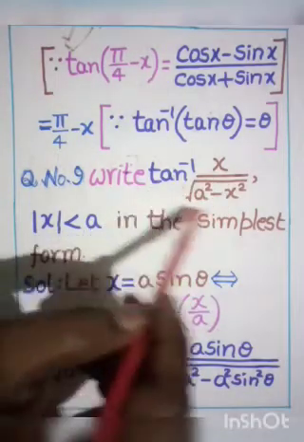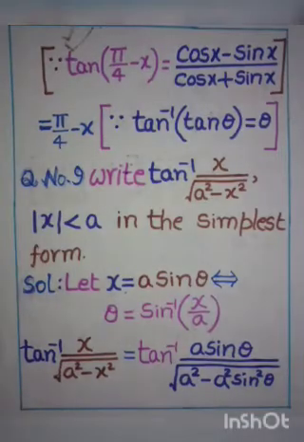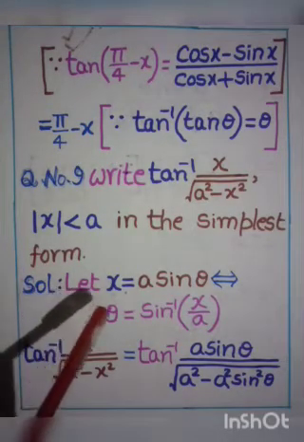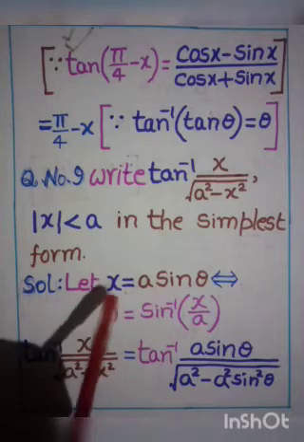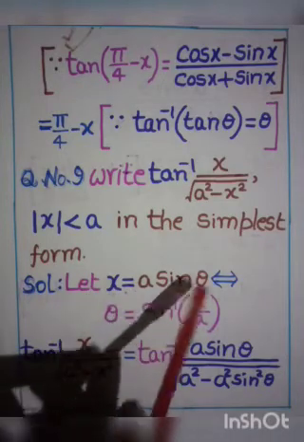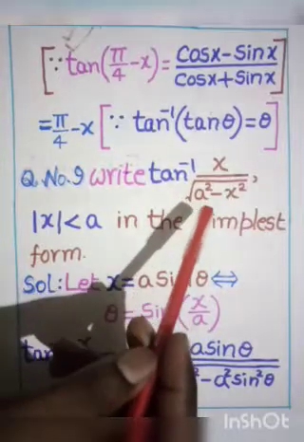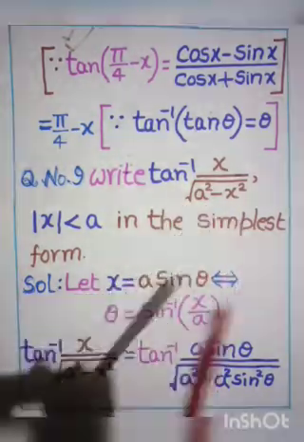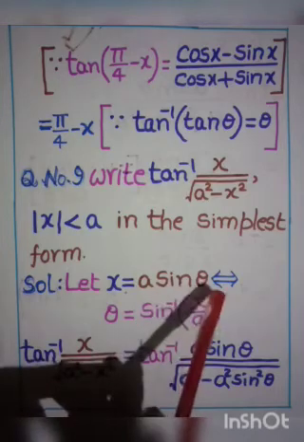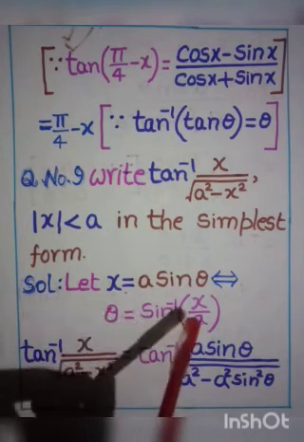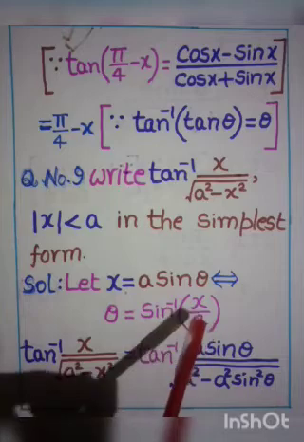We simplify this trigonometric function. So here we substitute x is equal to a sin theta. By substituting x is equal to a sin theta in the denominator, we get a trigonometric identity. That is why we are substituting x is equal to a sin theta. That implies theta is equal to sin inverse of x by a.